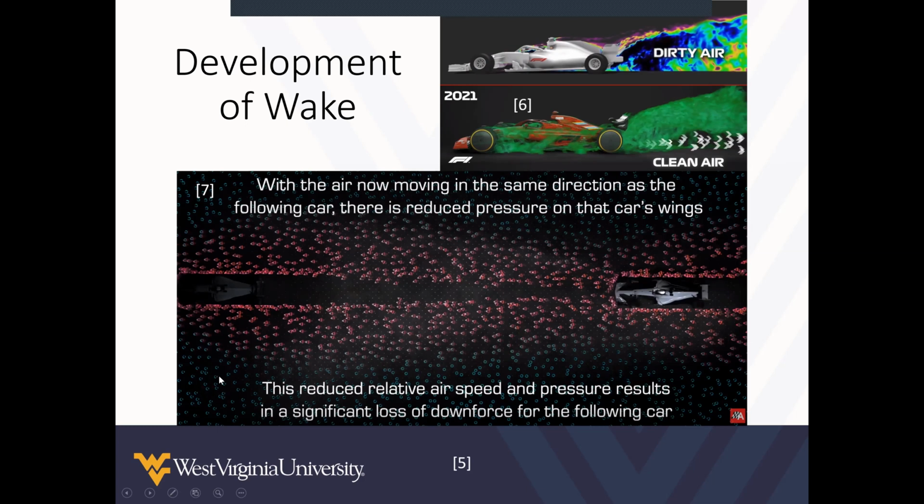So they're showing the vector of how the air is going to move after that car passes through it. Since this trailing car is not going to have that clean air to move through, they have reduced downforce. Depending on how close that trailing car is, they're going to have a certain percentage of the total downforce that they could have if they were in the clean air itself.